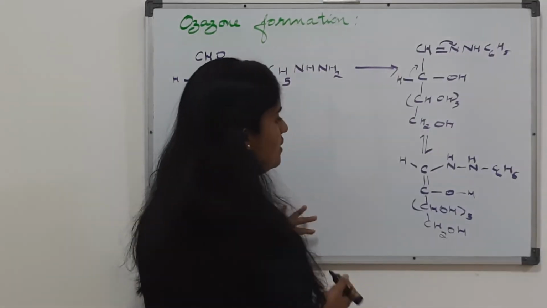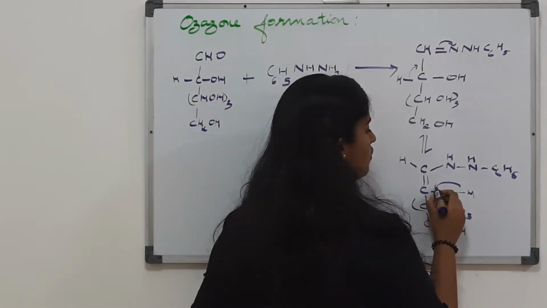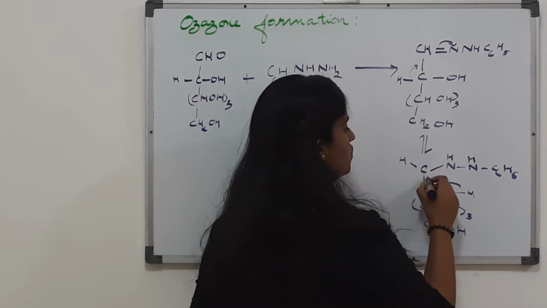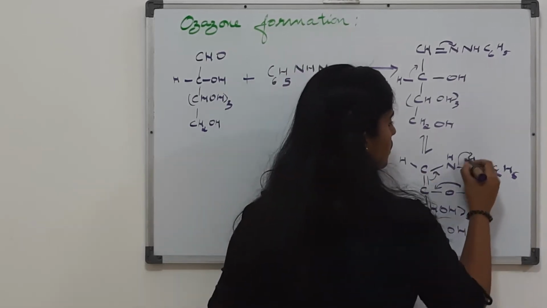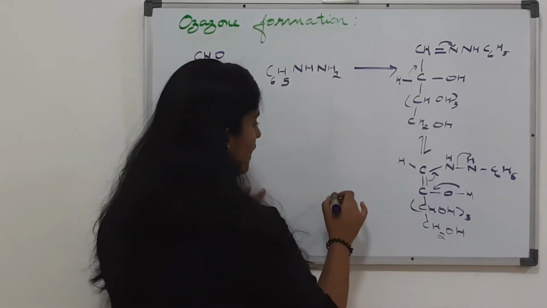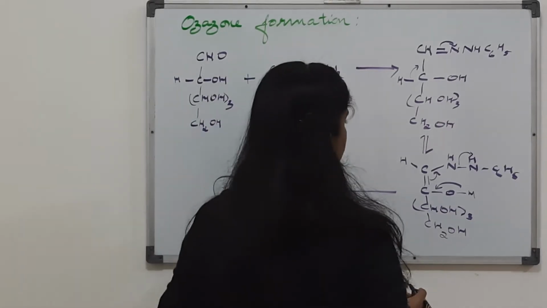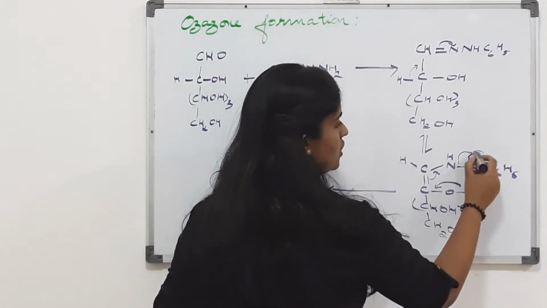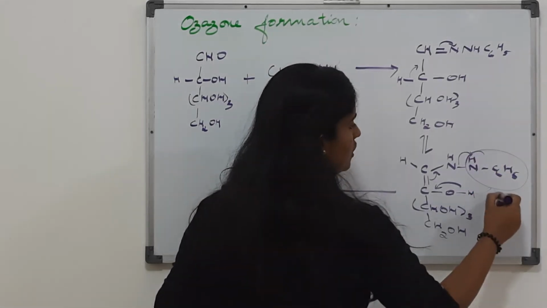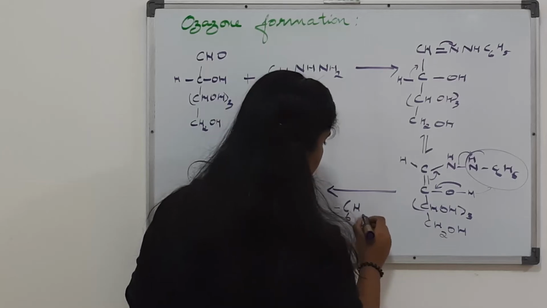Now certain shifts will take place. That is, this bond would shift here, this would go back, and then this would also go back. Finally, after all that shift, this hydrogen would go out with this portion, along with this hydrogen also going out as minus C6H5NH2.